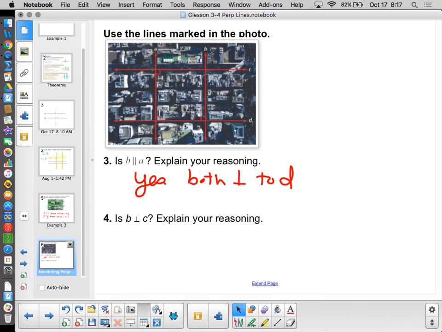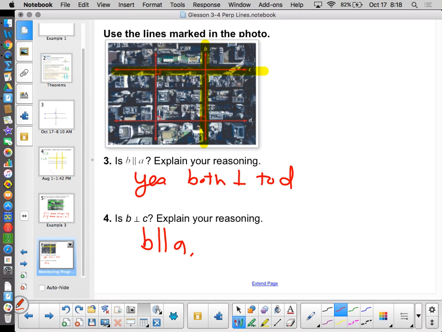Is B perpendicular to C? It's not indicated, is it? I don't have a right angle symbol there, so it might be quick to say no, but is it? Well, we know that B is parallel to A. We got that right here, right?